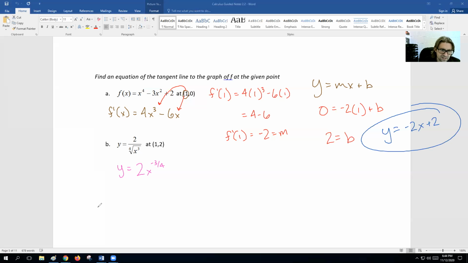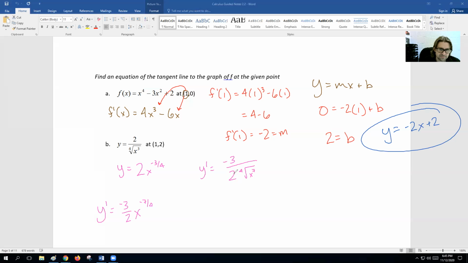But power rule says the derivative y prime would be, all right, 3/4 times 2 would be negative 6/4, or negative 3 over 2. X to the, drop it down, negative 7 over 4 power. So the derivative here is negative 3 over 2 times the fourth root of x to the 7th.